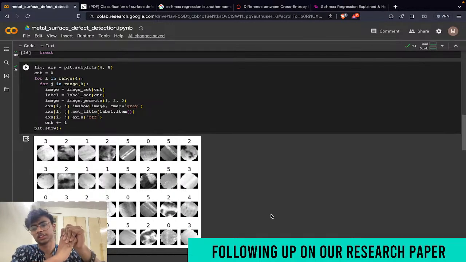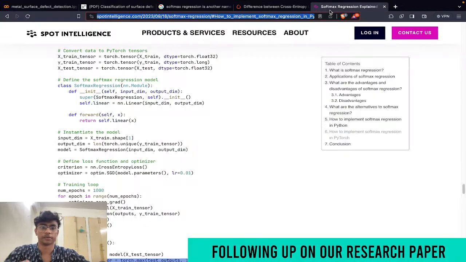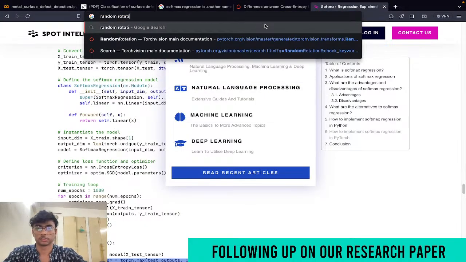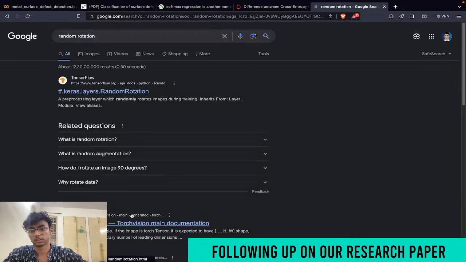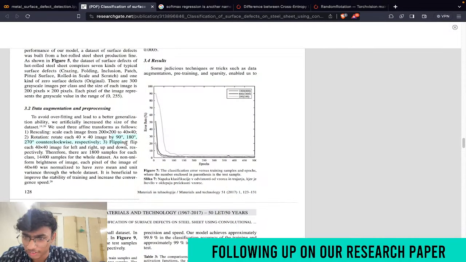I don't understand why the rotation has worked like this. It shouldn't have. We have random horizontal flip with a probability of 0.5, random vertical flip, and random rotation of 90 degrees. Random rotation takes the answer in degrees, right? It's such a weird way.